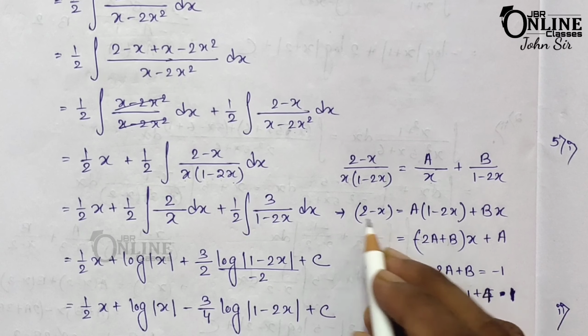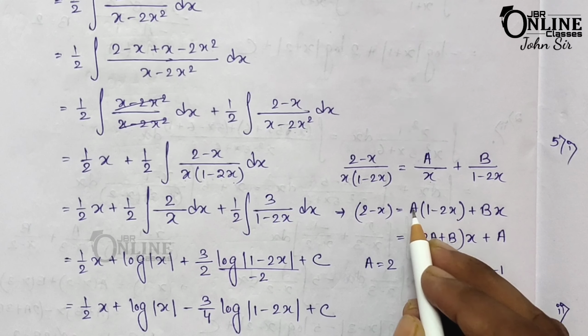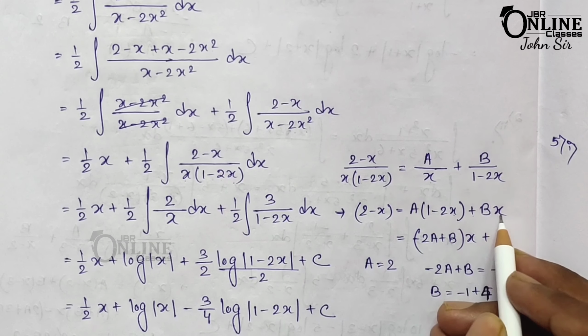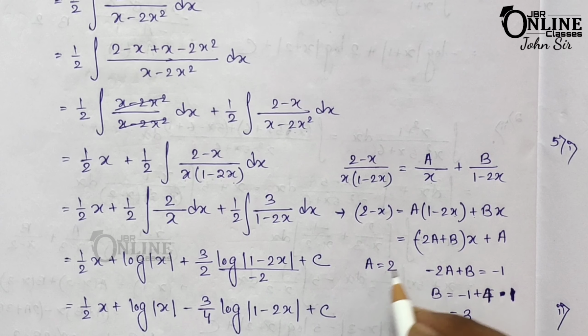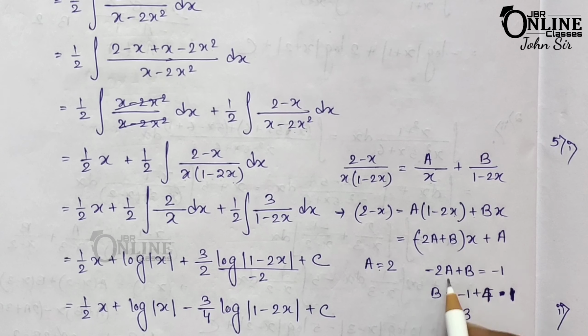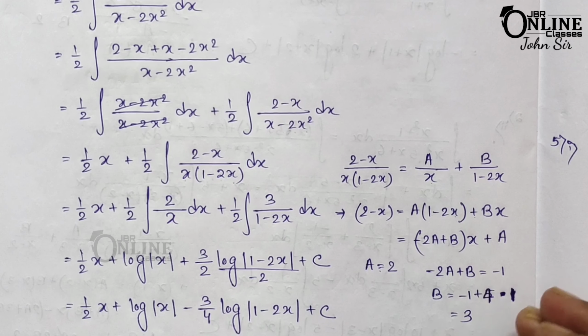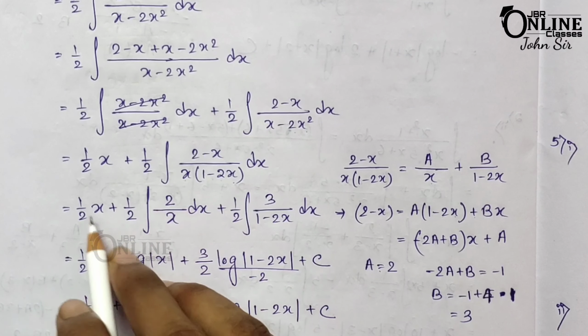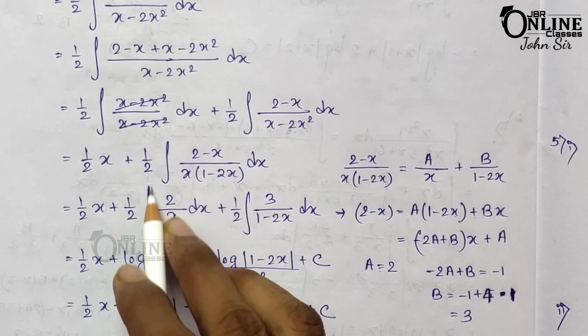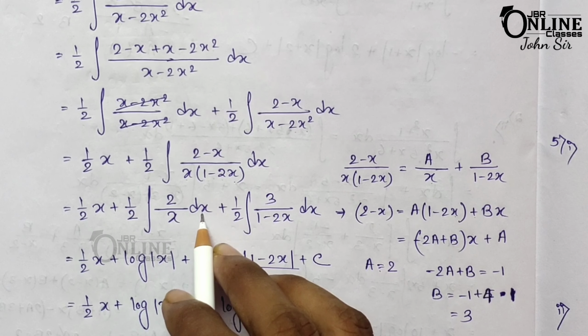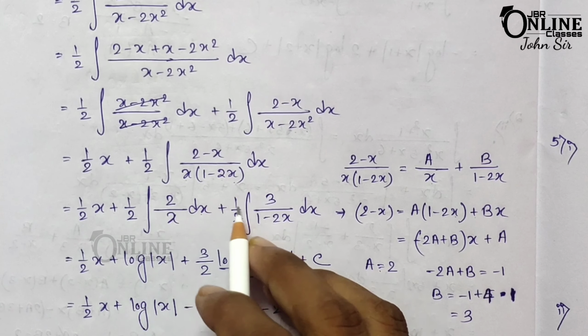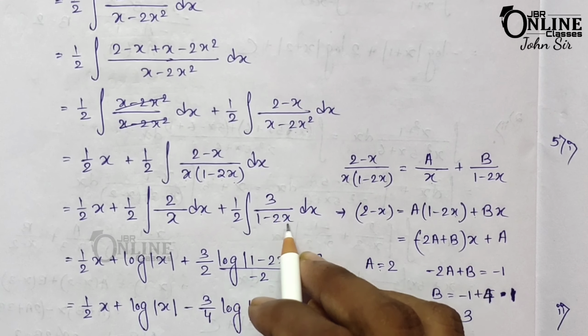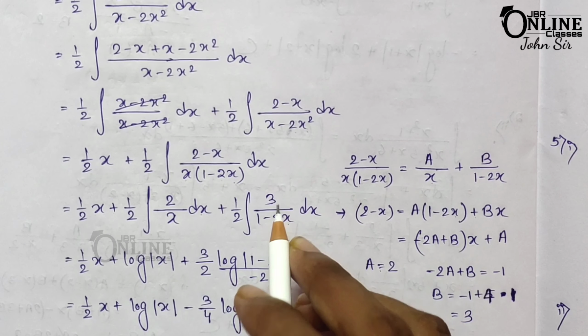Same format. So it will be 2 minus x equal to a into 1 minus 2x plus bx. Now by comparing both sides, here a equal to 2 and b equal to 3 after calculation. Okay, so now it will be half x plus half integration 2 by x dx as a equal to 2, then half integration 3 by 1 minus 2x as b equal to 3.